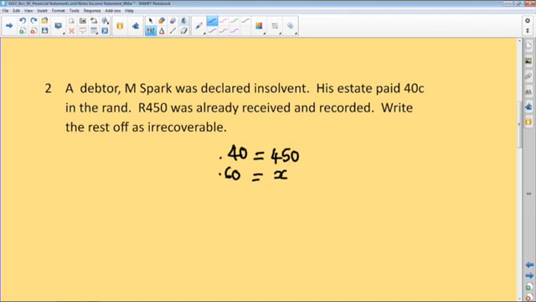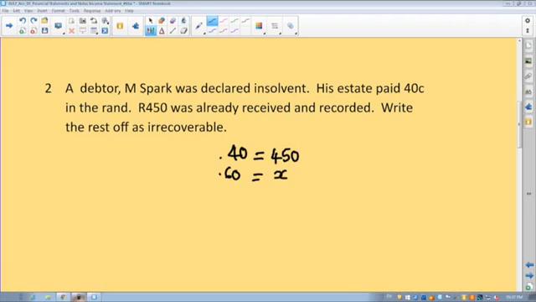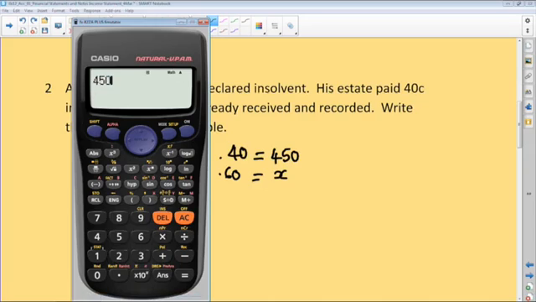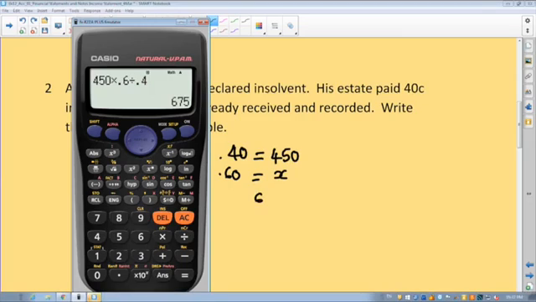Let's do the maths on this one here. We're going to say 450 times 0.6 divided by 0.4 is equal to 675. Okay, we've got our 675.